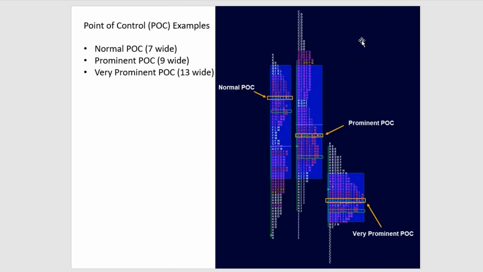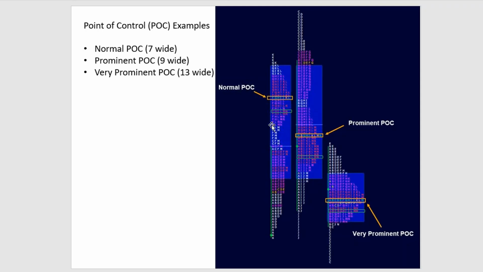Point of control. The point of control is always a relevant point of reference. You'll notice on this day, the normal point of control, we made it 7 wide here, just to give it some numbers. It doesn't have to be 7 wide. The following day, we made 9 wide, we called it a prominent.